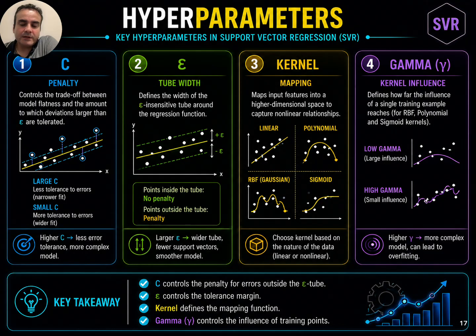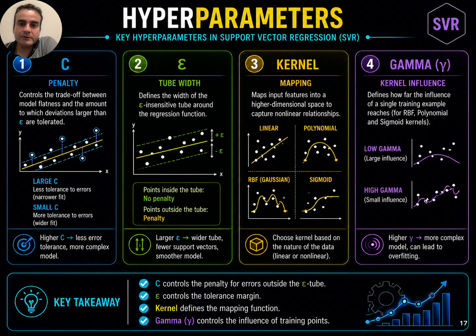SVR performance is heavily influenced by 4 key hyperparameters. The parameter C controls the penalty assigned to prediction errors. Larger values force the model to fit the data more closely, while smaller values allow more flexibility. The parameter epsilon determines the width of the epsilon-insensitive tube. Larger epsilon values ignore more errors and typically produce simpler models. The kernel function defines how input variables are transformed.